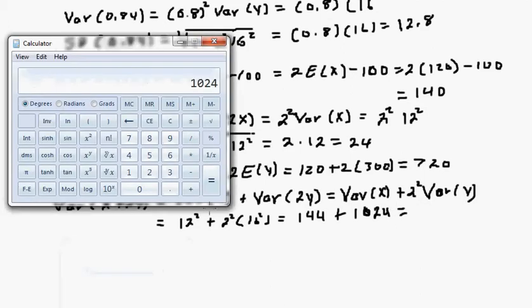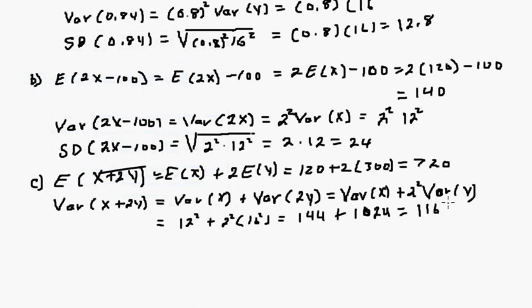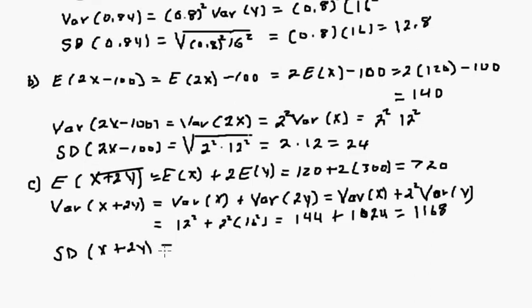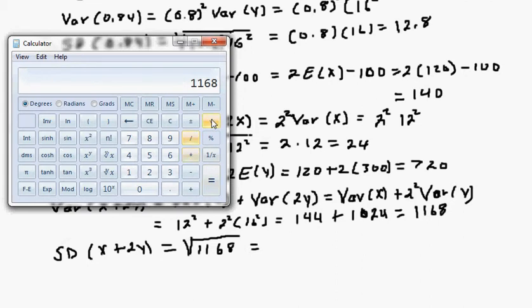So all we got to do is add 144. So you get 1168. And then the standard deviation of x plus 2y is just the square root of 1168. So take the square root, 34.18.